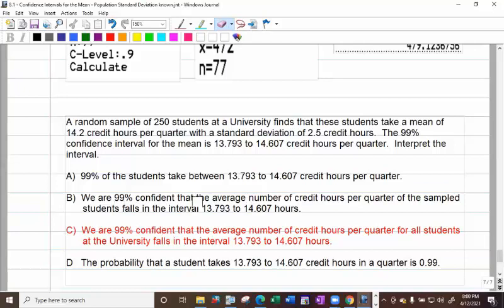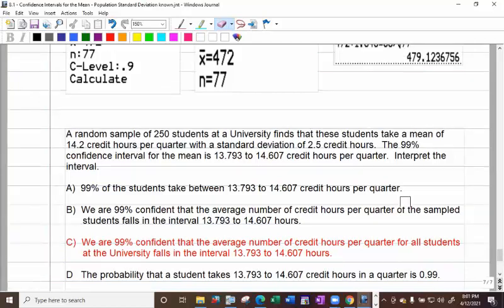We are 99% confident that the average number of credit hours per quarter of the sampled students falls in the 13.793 to 14.607 hours interval.